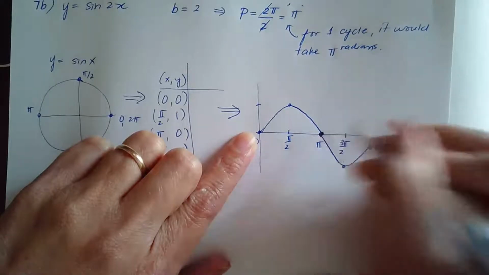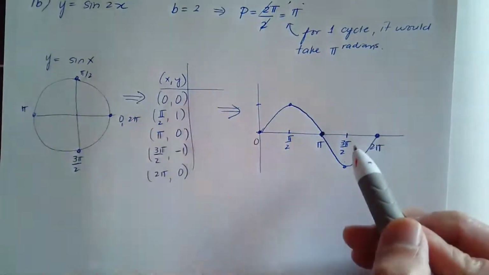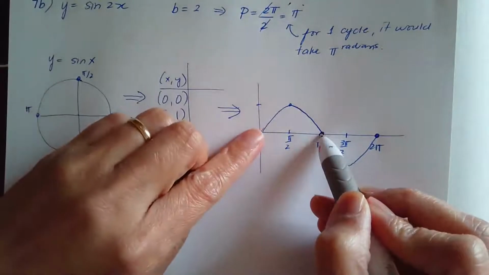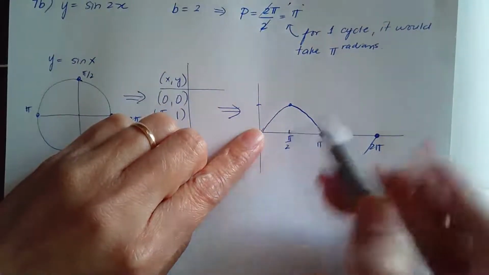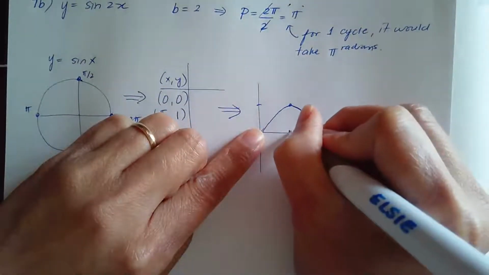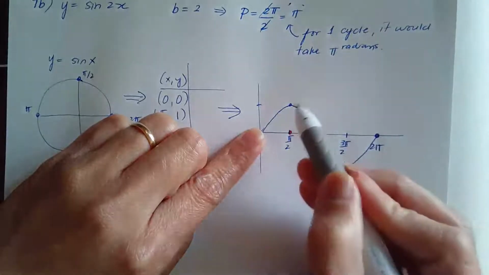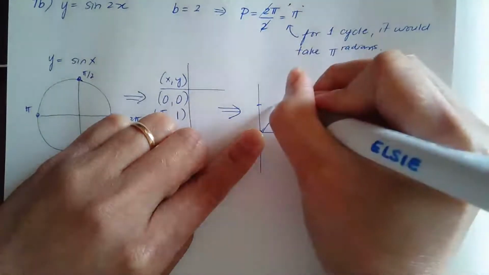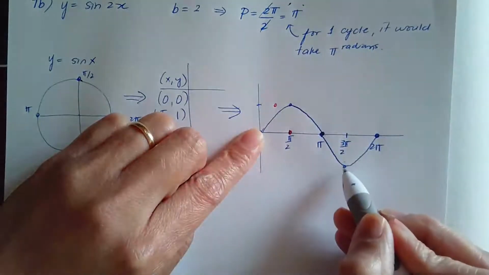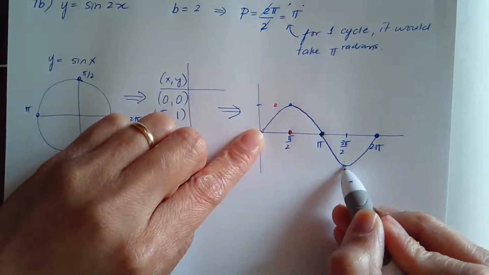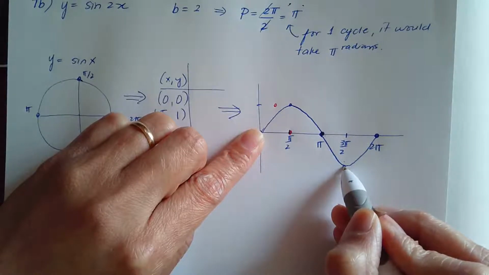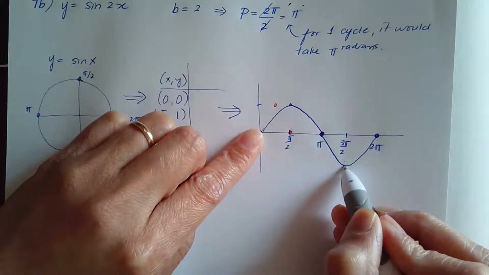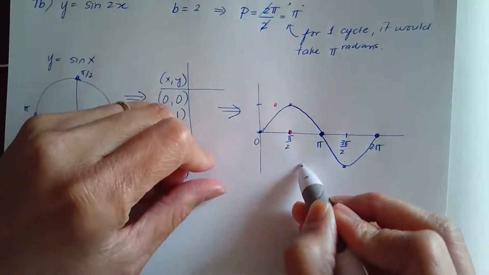This pi compressed to another half, which is pi over 2. This pi halves got compressed to a pi over 4. And this 3 pi halves compressed by a factor of 1/2, so now that becomes 3 pi by 4.